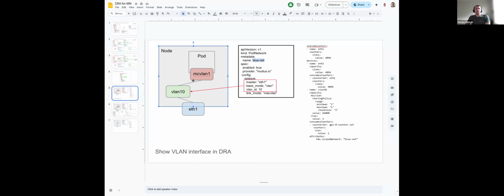So we would like to position this in some way, and basically we're trying to show with the partitioning capability plus the capacity KEP how we would model that, right? One caveat to all this is to ensure that the eth1 interface can be shared as well.